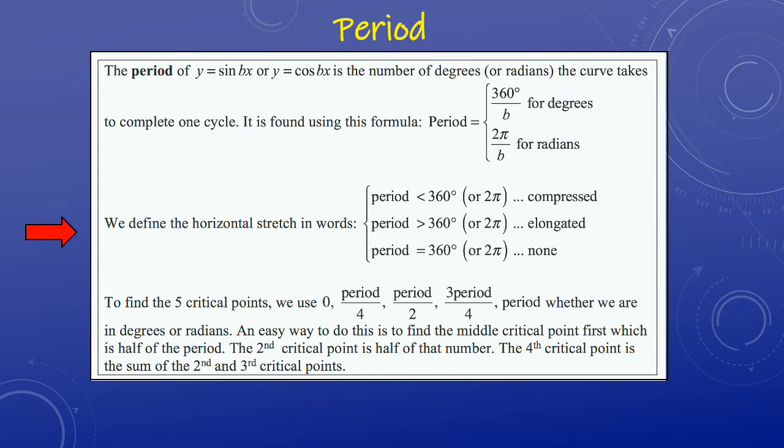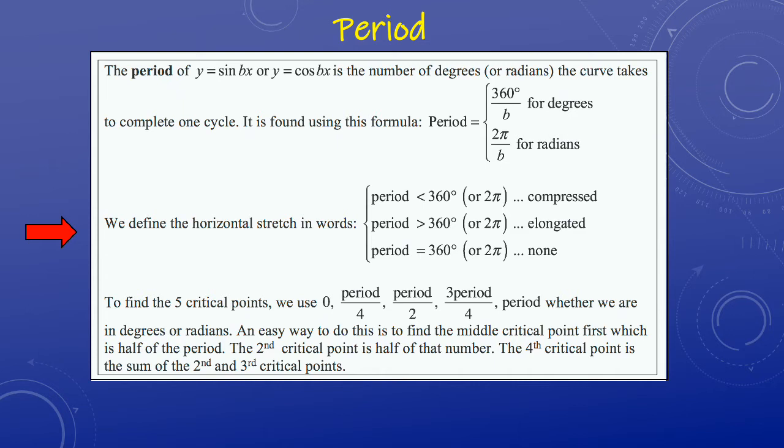Our goal in this section is to not actually have to graph these equations, but to be able to describe them. So, when describing the graph of y is equal to sine of bx, or y is equal to cosine of bx, we are comparing it to our regular curve y is equal to sine of x, or y is equal to cosine of x. And we will define the horizontal stretch in words.